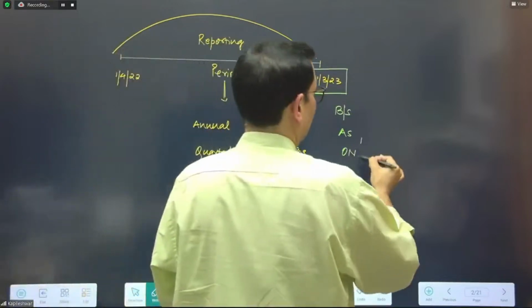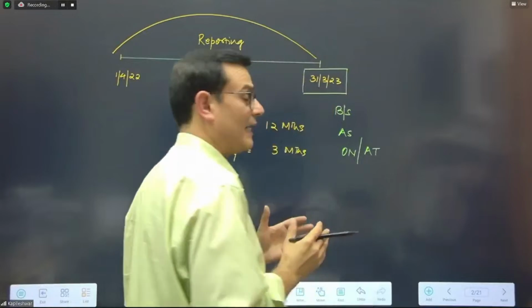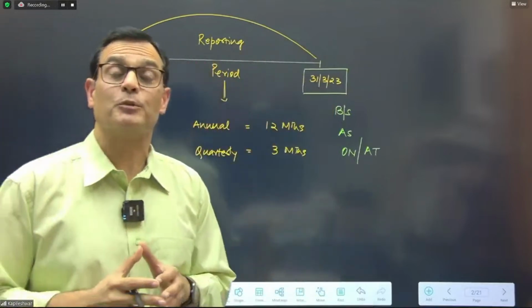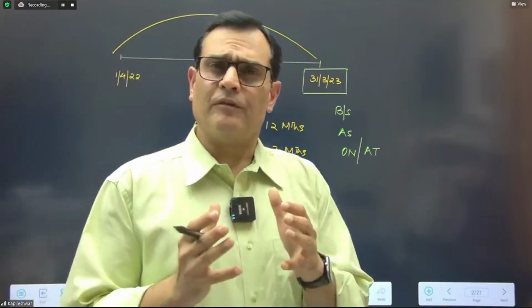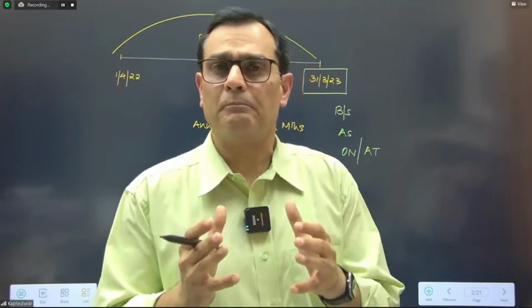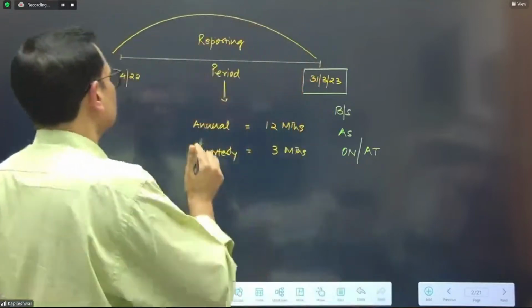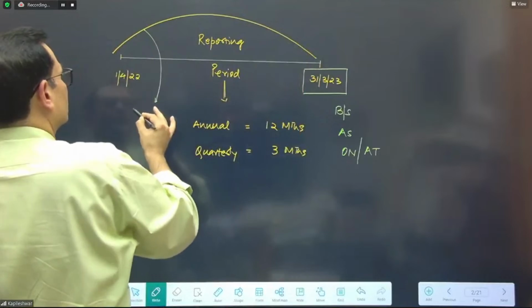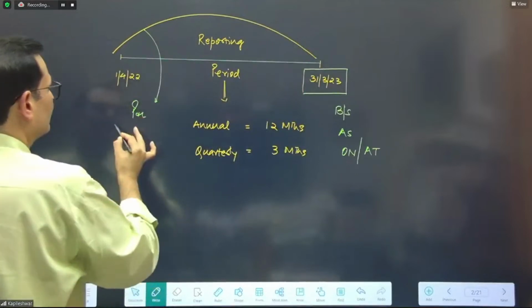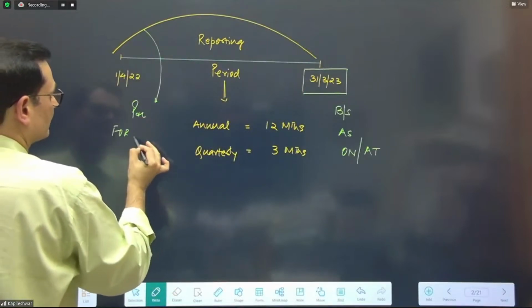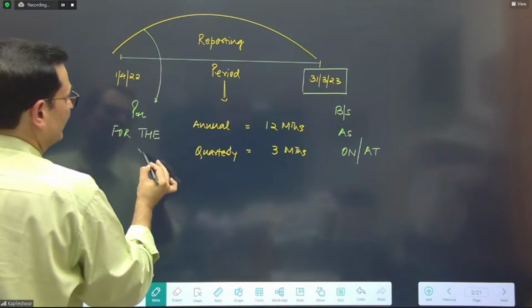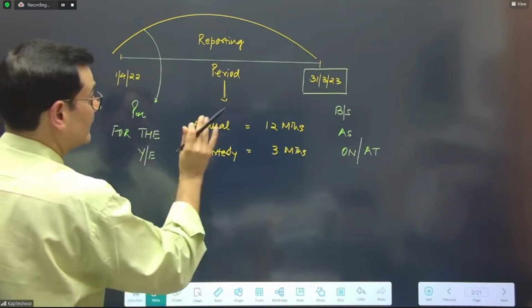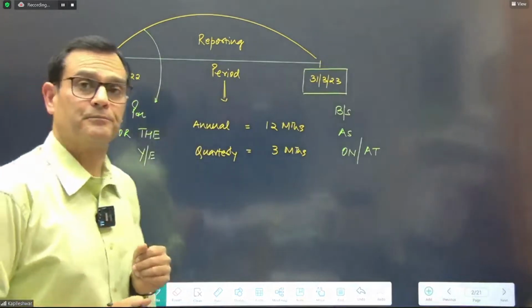We either say it is as on, or as at, 31st March 23. And we were also very clearly told that the profit and loss statement is always prepared for the year ended. That means year ended 31st March 23.